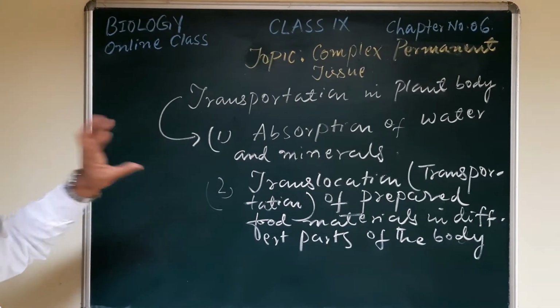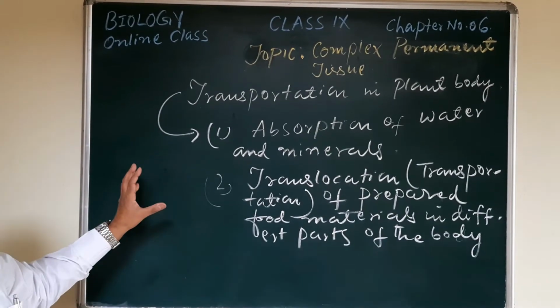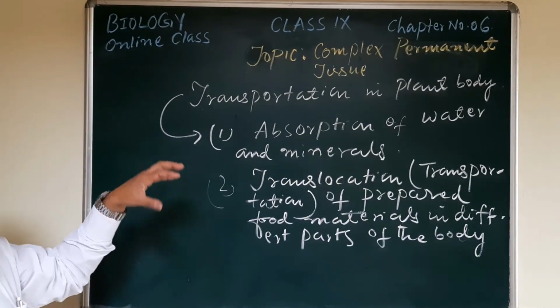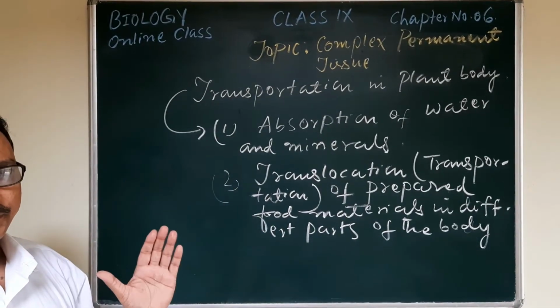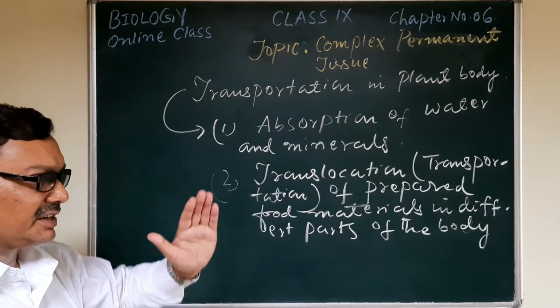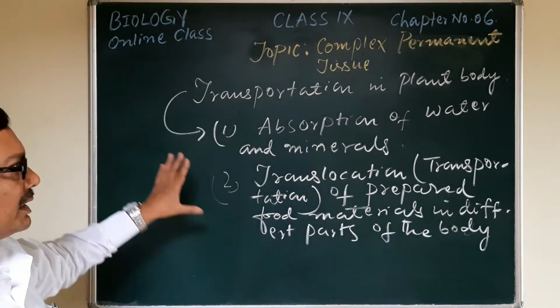So the complex permanent tissue is composed of different types of cells, and that is why it differs from the simple permanent tissue.